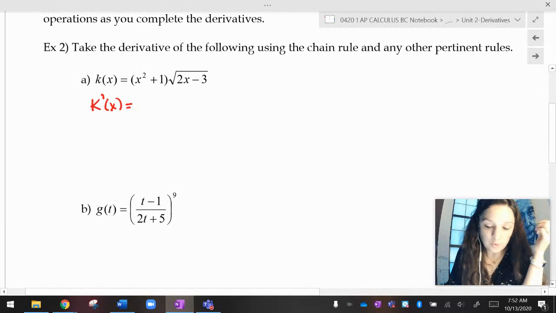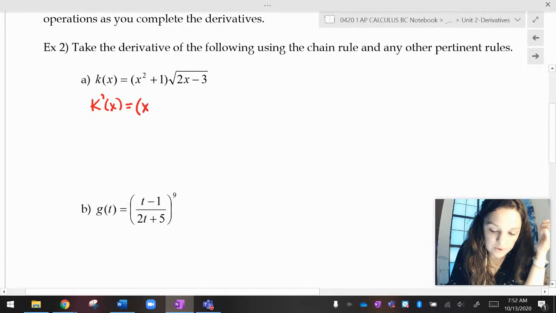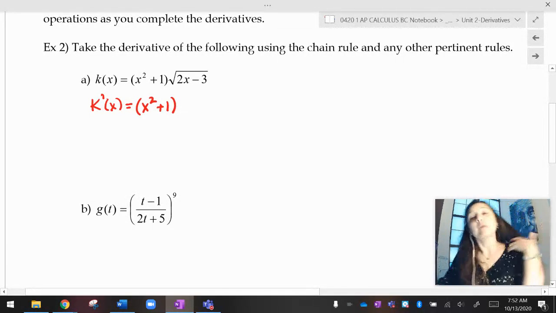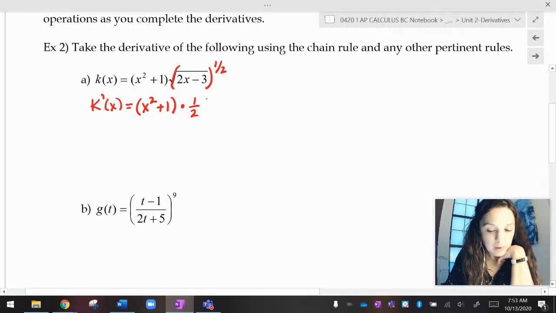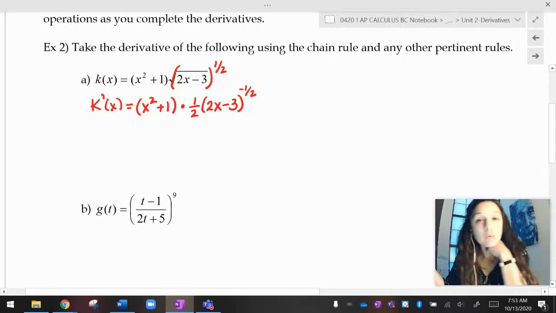I'm going to do the product rule. So I'm going to do the first times the derivative of the second. Well, the square root of 2x minus 3 is really 2x minus 3 to the 1/2. So when I take the derivative of that, the chain rule is bring down the power, keep the inside, and reduce the power by 1, and then multiply by the derivative of the inside.